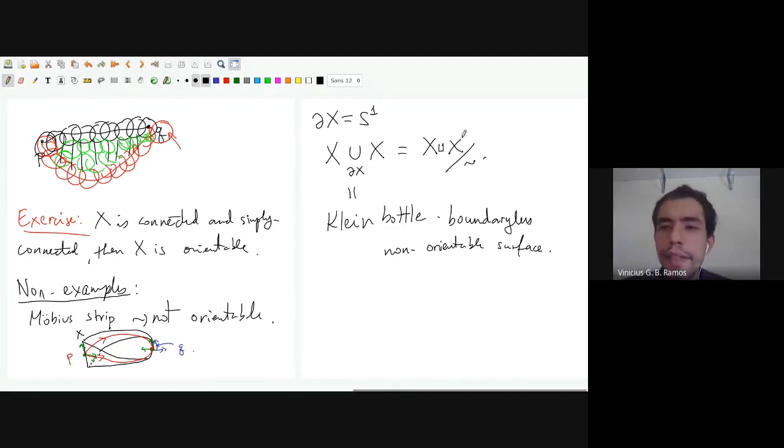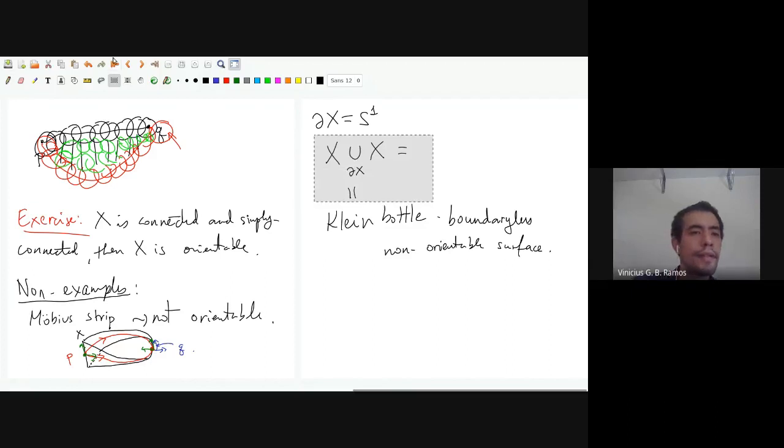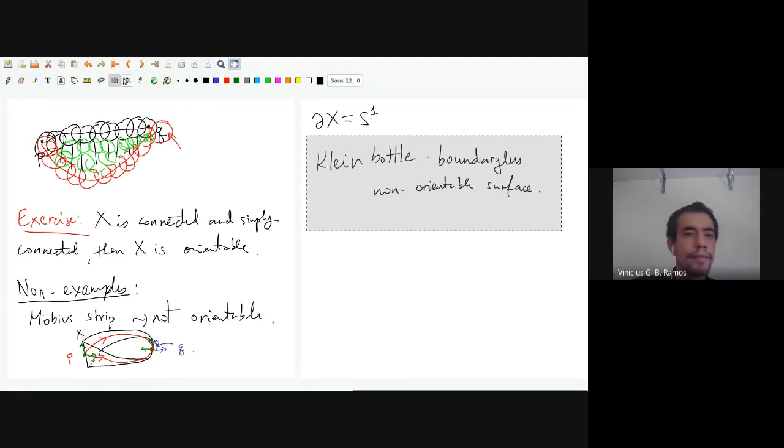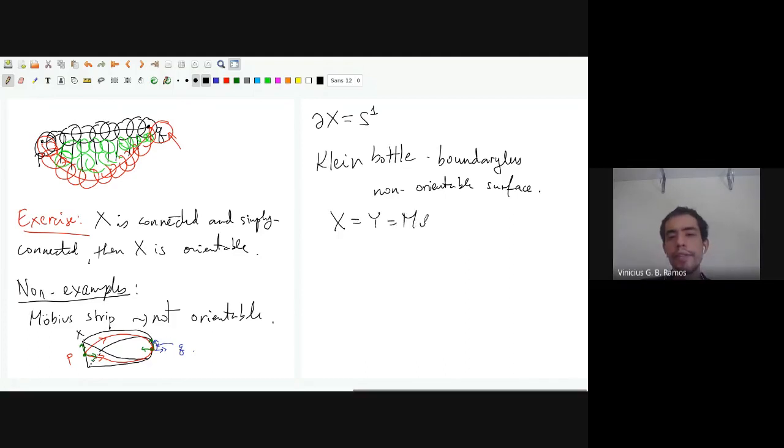Okay. Well, let me be not so sloppy and write down, because maybe if you haven't seen this, it's a little hard to understand. So let me not be lazy and write down what the Klein bottle is. So the Klein bottle is the following thing. Let x equal y equal the Möbius strip.